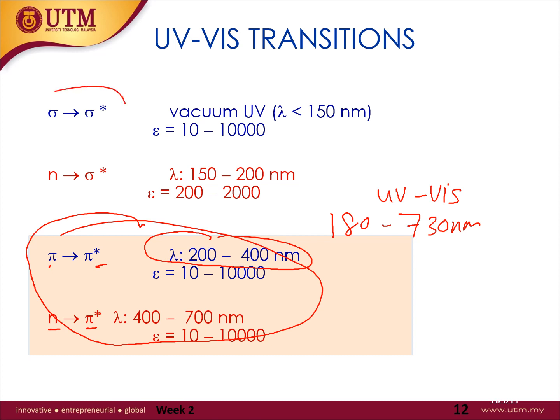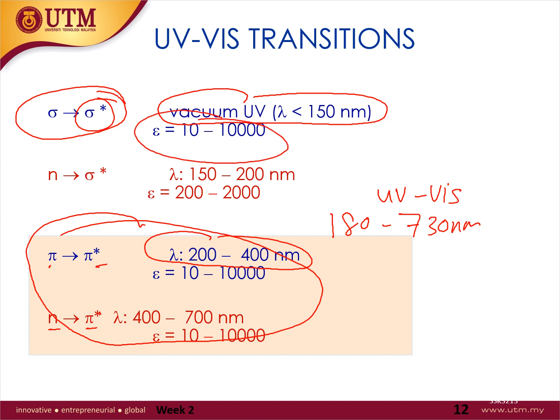Also, sigma to sigma star requires very high energy to be excited into the excited state. That's why vacuum UV, less than 100 nanometer, is not under the scope of the UV-visible spectrophotometer that much, even though the epsilon is really high.